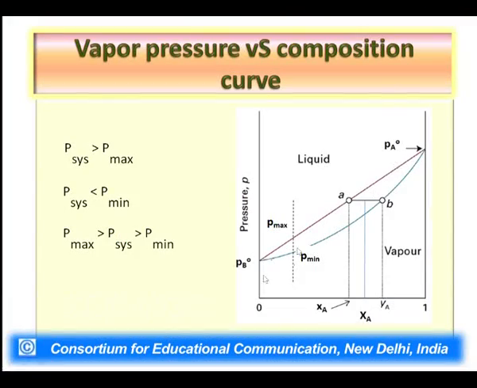The answer is yes, we can. Let us have a look at what kind of curve we obtain. When we draw both curves on the same graph, we obtain this kind of graph, where Pb naught and Pa naught, if you see it carefully, are the same two extreme points on the y axis, where the pressure varies.